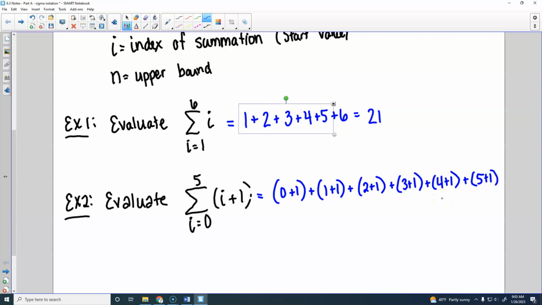Now, what's that going to equal? 1 plus 2 plus 3 plus 4 plus 5 plus 6, which is what we just did, which is 21.